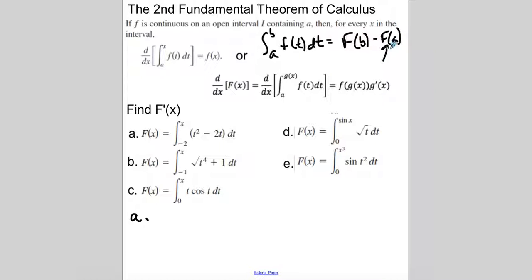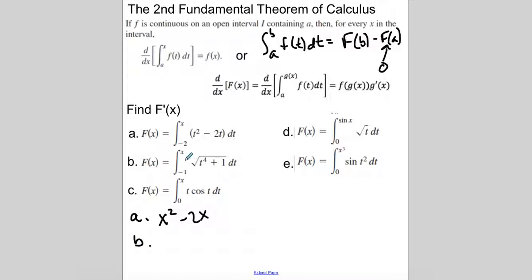And so if this is a constant, this will always be 0 when we take the derivative of it. And so for A, we're going from negative 2 to x, t squared minus 2t. If we want to find the derivative, I'm just going to replace the t with an x. So we get x squared minus 2x.